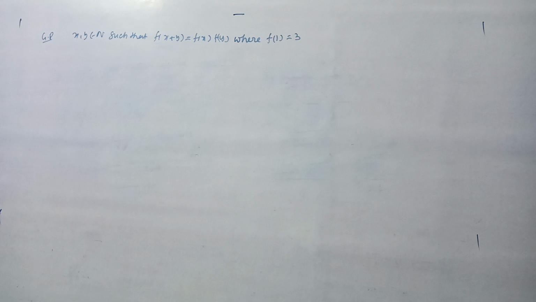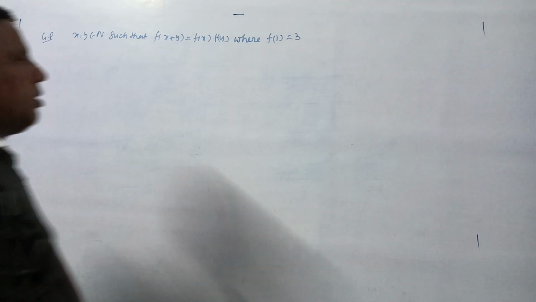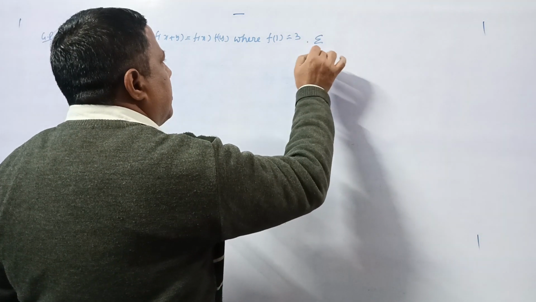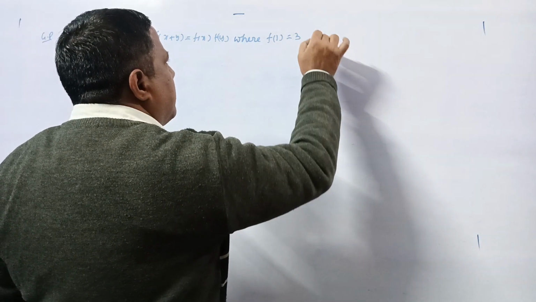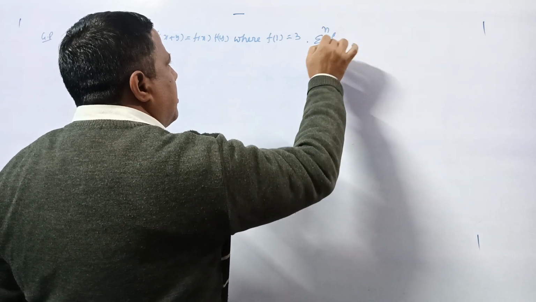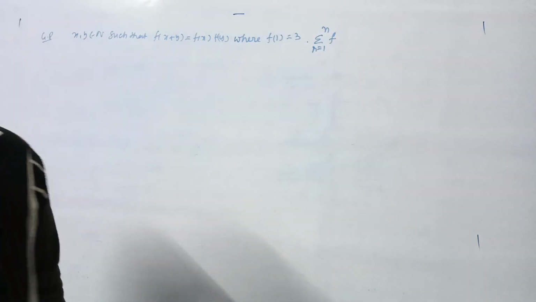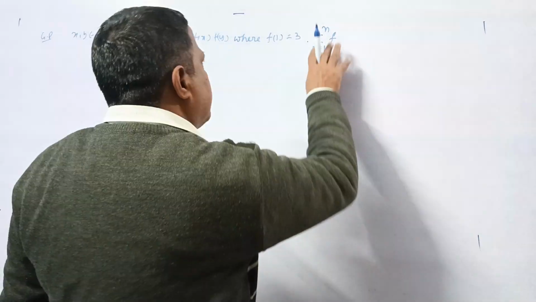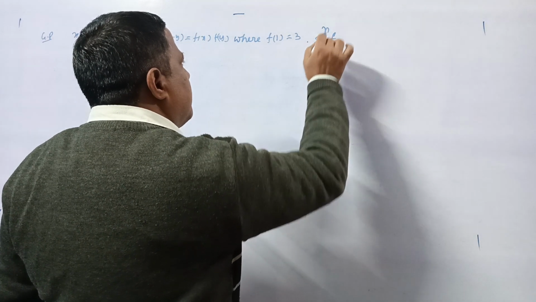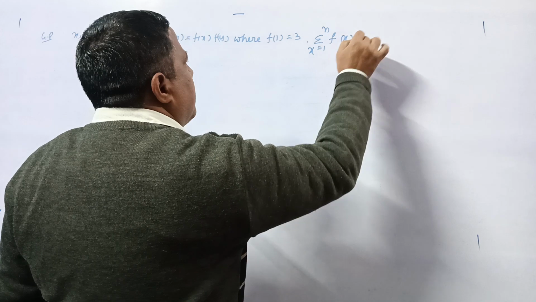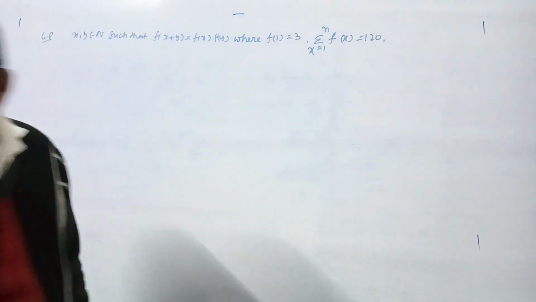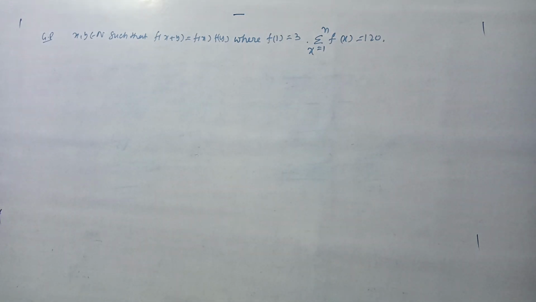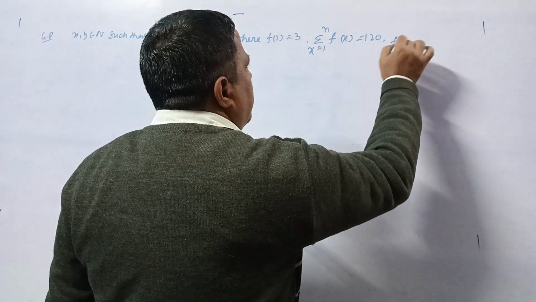Then find the value of sigma x equals 1 to n of f(x), and sigma from 1 to n of f(x) is equal to 120. Find n.